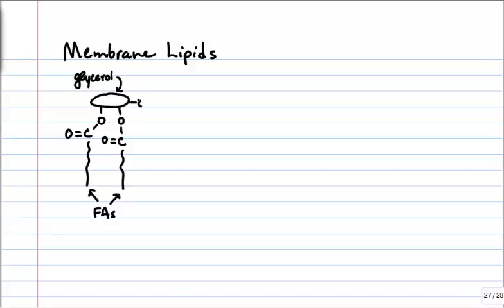Also attached to the glycerol is a phosphate group and another type of alcohol. And so these are the components of a membrane lipid: glycerol, 2 fatty acids, phosphate, and an alcohol. Sometimes we're probably going to draw this even more shorthand like this.